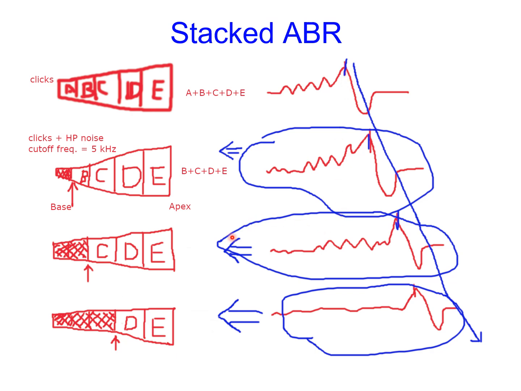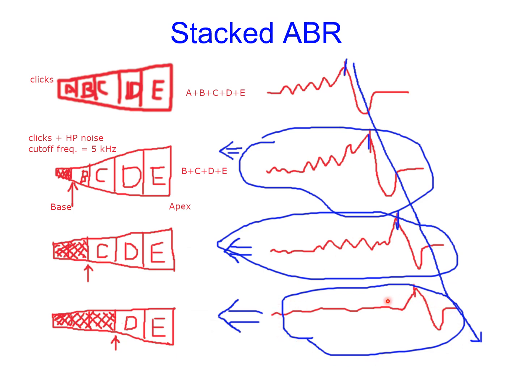Same thing, we can temporarily move the third ABR waveform to the left so that its wave 5 is aligned with wave 5 of the first ABR waveform. Same thing for the fourth ABR waveform.